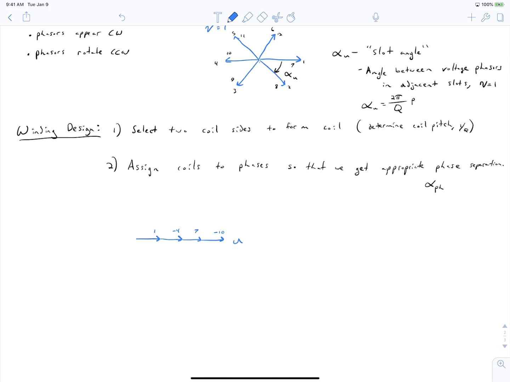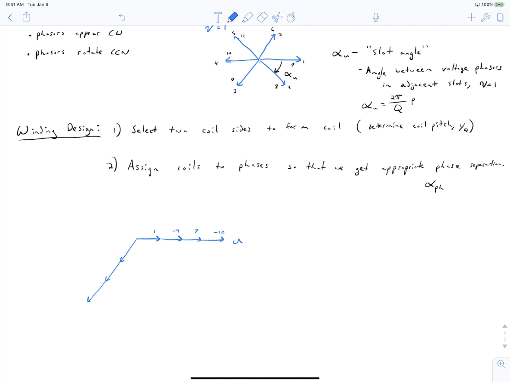And as you'll see the way I've drawn this up here, that's going to be true of coil sides 3, 9, -6, and -12. And it's good that we have the same number of negative and positive numbers, because the negative number indicates that we're connecting the coil side in reverse. When you create a coil, your current has to flow one way in one side and the opposite direction in the other side.